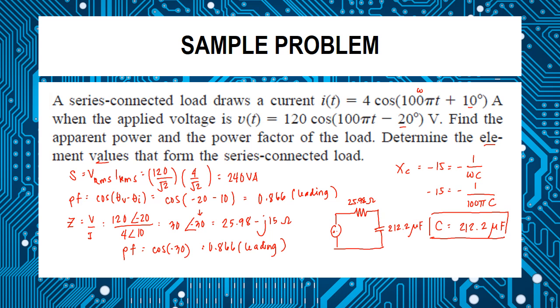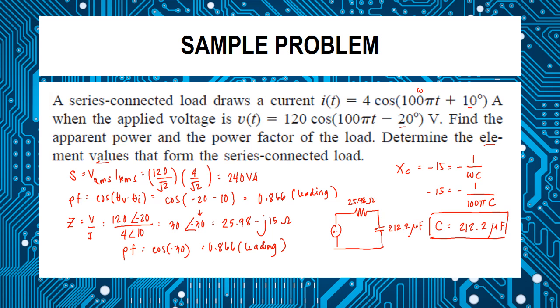So the power factor may also be obtained from the load impedance. As you can remember a while ago, the impedance is equal to V over I. We have 120 angle negative 20, and I is 4 angle 10. So this is equal to 30 angle negative 30, or in rectangular we have 25.98 minus j15 ohms.